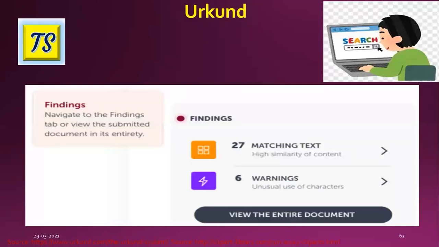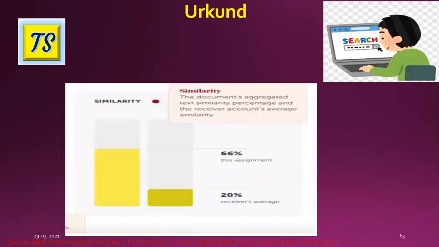Here, for each and every finding, when you click the matching text, it will take you to the matched items the package has traced, and the warnings given by the package can also be traced on this page. There you can view the entire document. This part will get all the items related to your sources.